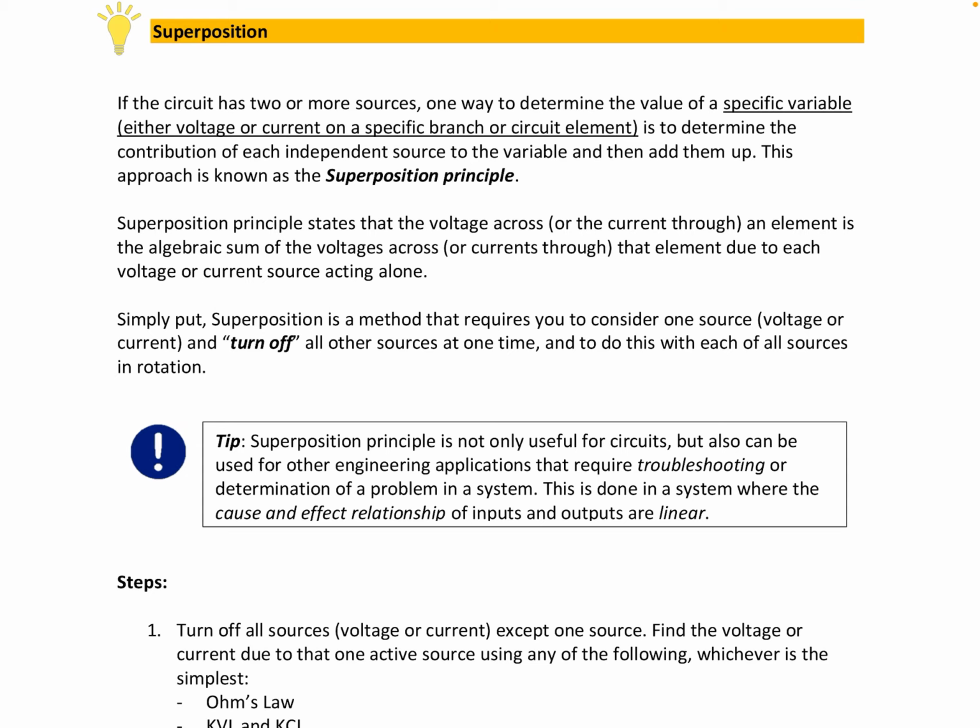So for example, if you are to troubleshoot a system, you are trying to identify what is wrong in a system, you will analyze the system according to each component.